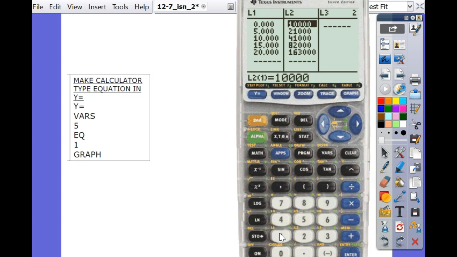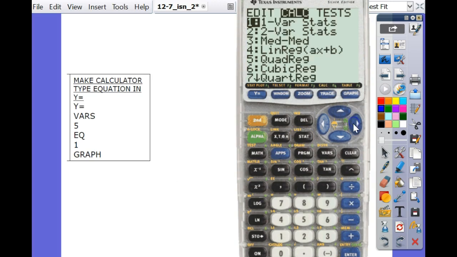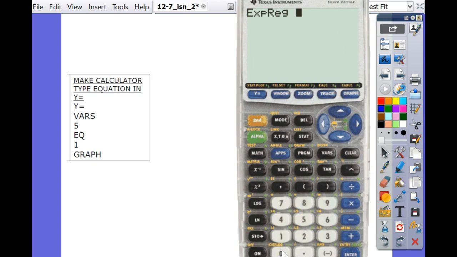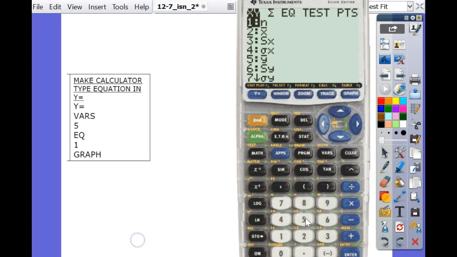After you have the data in, you go back to the stat button, right arrow, 0, enter. Once you have that on the home screen, in the y equals, go to vars. 5, arrow, arrow, enter.